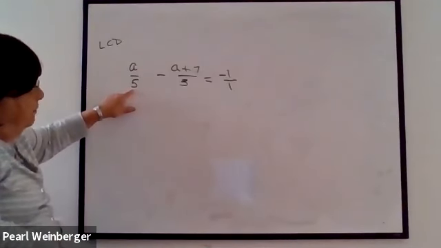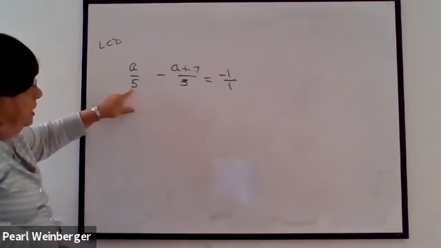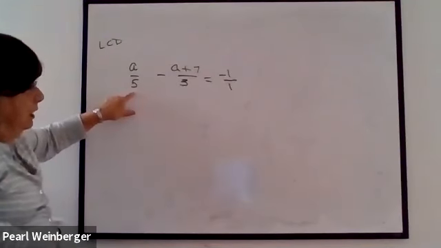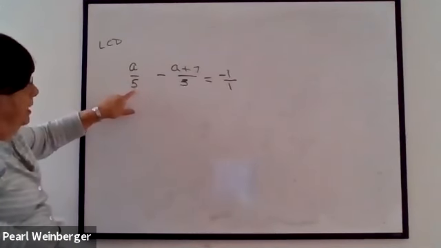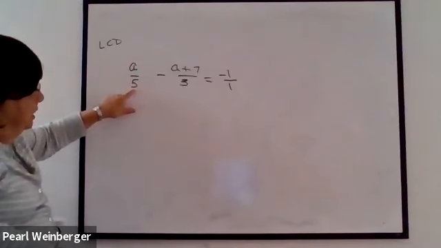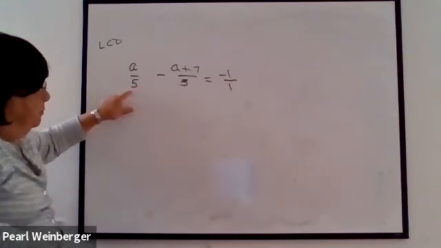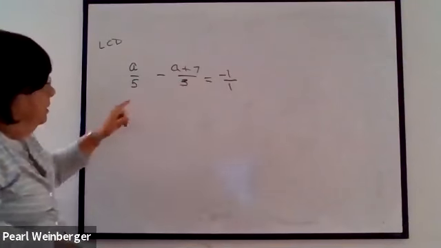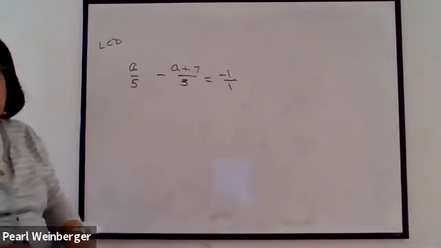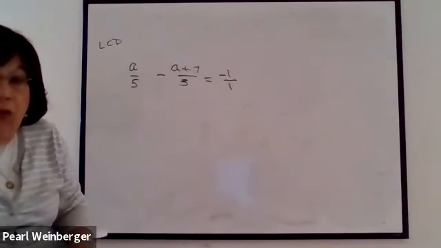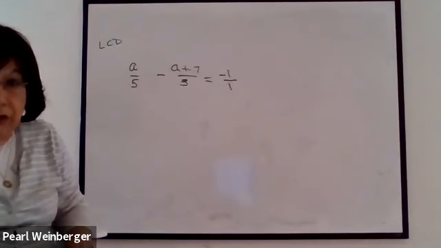Then I can try 2 times 5, which is 10, but 3 doesn't go into 10 either. And then I can try 15. Now notice the 3 will divide into 15, and the 1 will divide into 15. 15 is a number that all 3 of these go into.